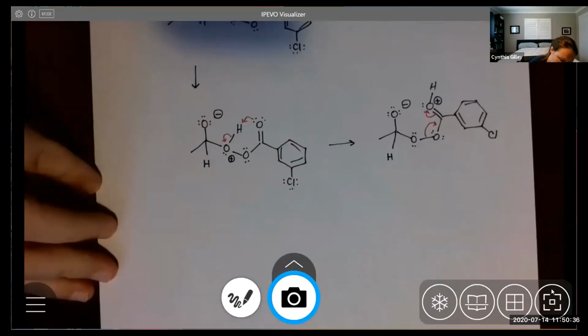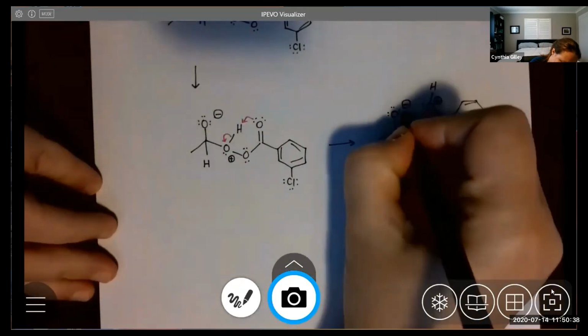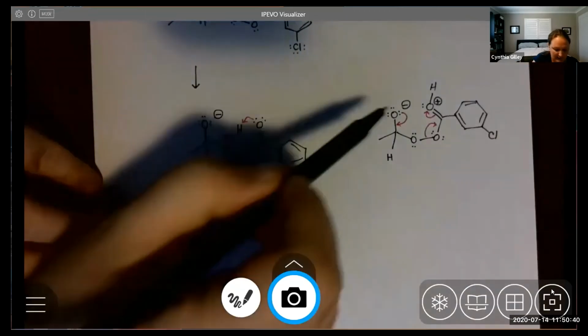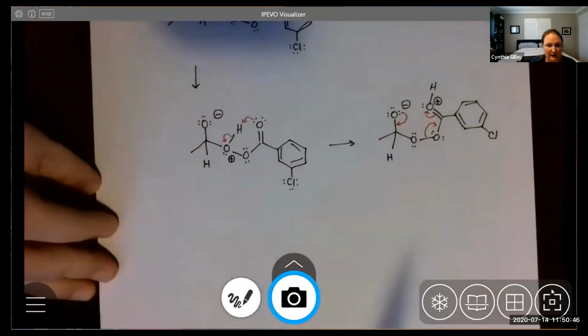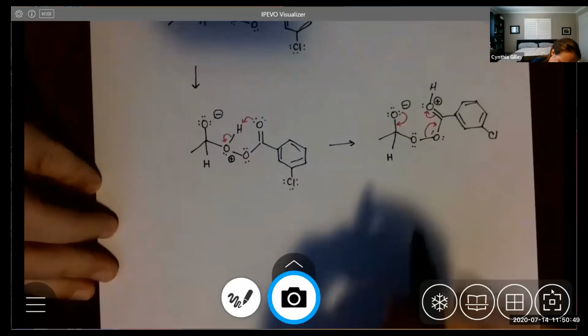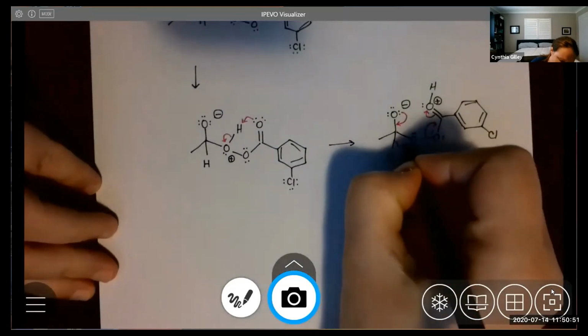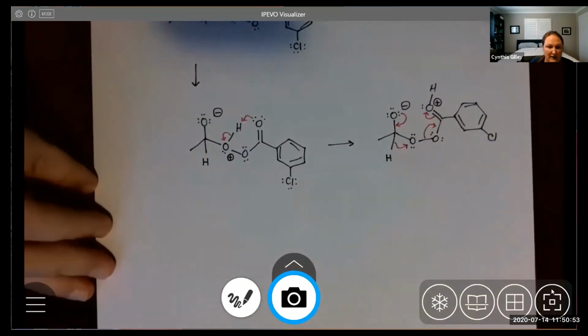And there's a driving force to use these electrons to regenerate a double bond. But in order to regenerate a double bond, something has to leave this carbon because it would have too many electrons. We can actually do a hydride shift, basically a shift or a rearrangement.